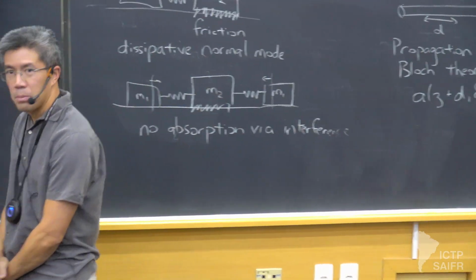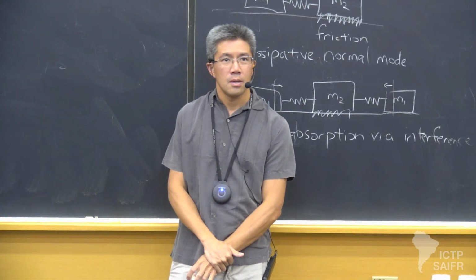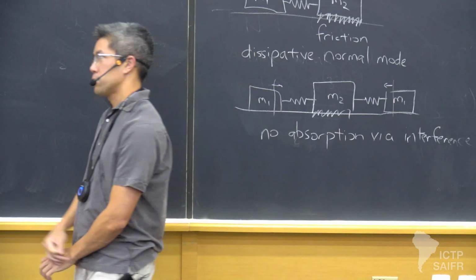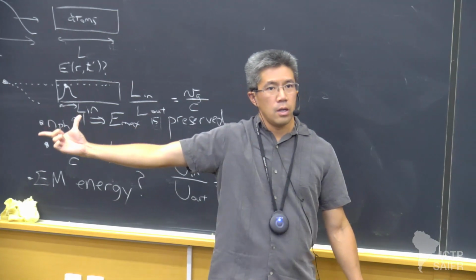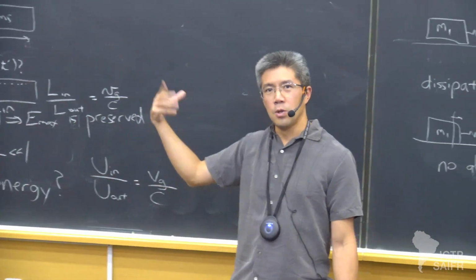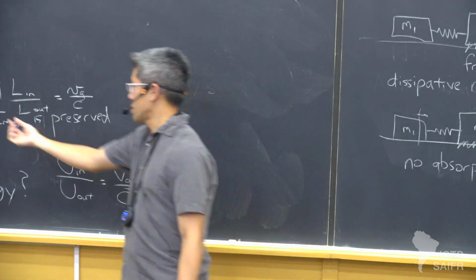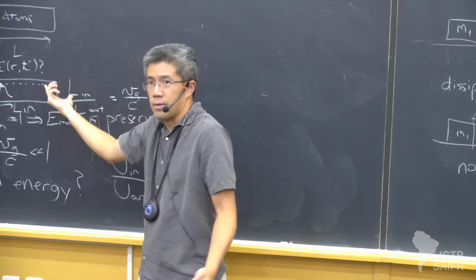So it seems like I'm losing energy, right? Because my pulse here is way smaller than it was outside. At the same time, though, I can't really be losing it incoherently, because when this thing propagates, I have EIT.